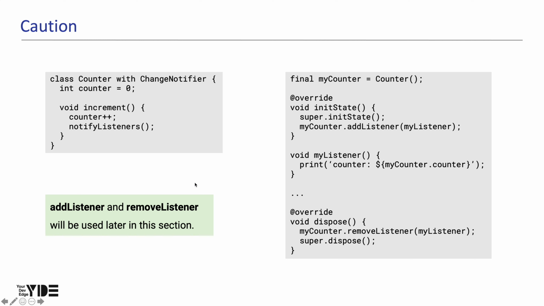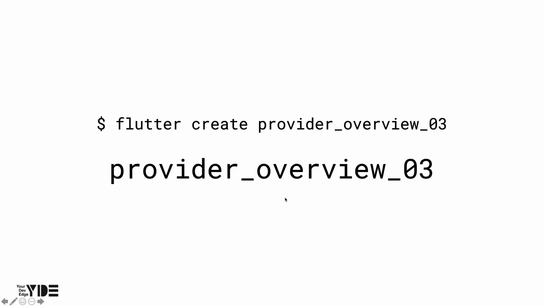The example we are going to cover isn't very different from the Provider Overview 02 app. But let's create a new app and test the ChangeNotifier. In this app, we'll examine what happens when we use only ChangeNotifier without using a provider. Let's start by creating an app called Provider Overview 03 and copying all the contents of Provider Overview 02.